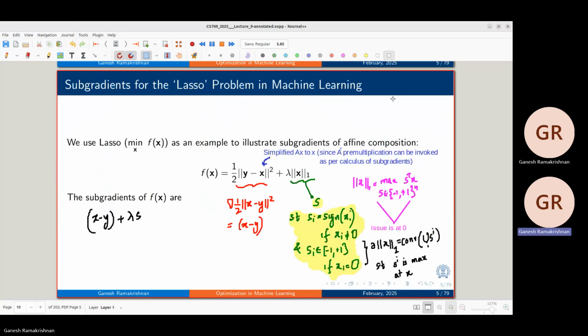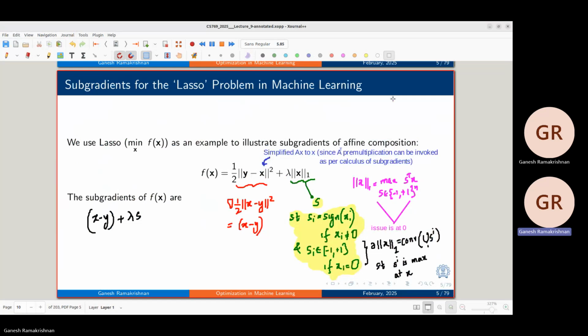What is the subgradient for the first part? 1/2 ||y minus x|| squared. Yeah, x minus y. Actually, you can write y minus x as x minus y. That makes it easy. ||y minus x|| squared is ||x minus y|| squared.